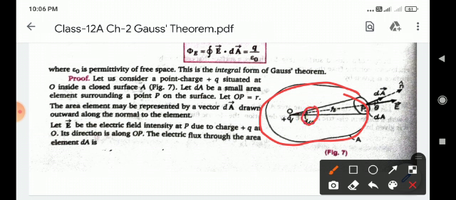Here it is a solid angle, and it is the charge Q, and dA is the area of this part, where the field is the electric field, that is E vector, and dA is the dA vector, and n is the unit vector. Understand, children?